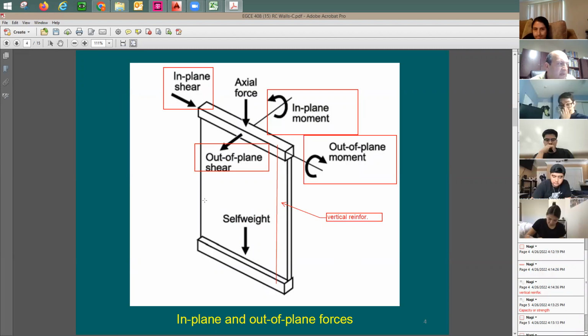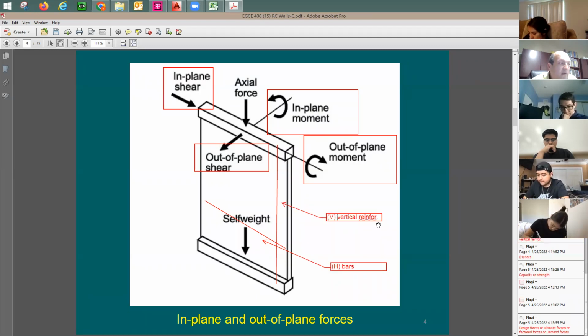Oh, we're going to run it this way. You put it like this, horizontal bars. And here's going to be vertical bars, right? Vertical reinforcement. Just give you the horizontal reinforcement, which is this bar.